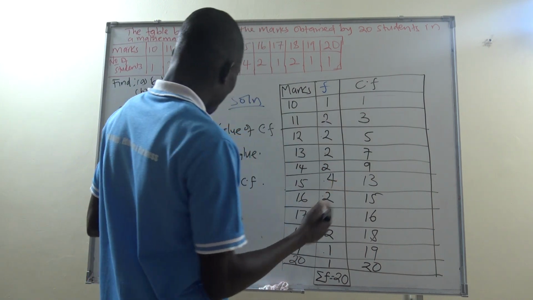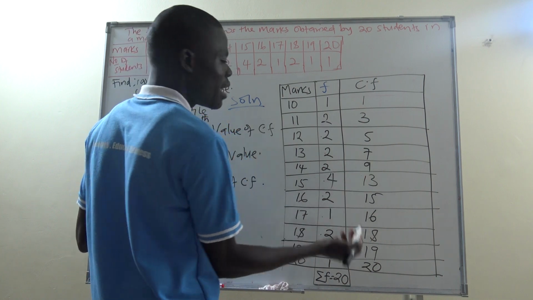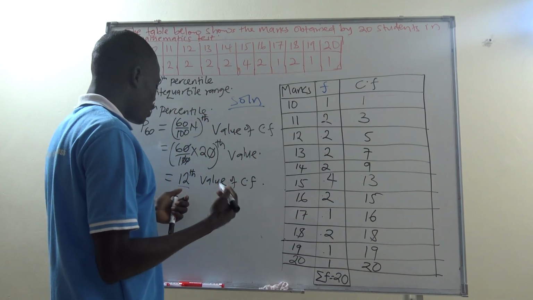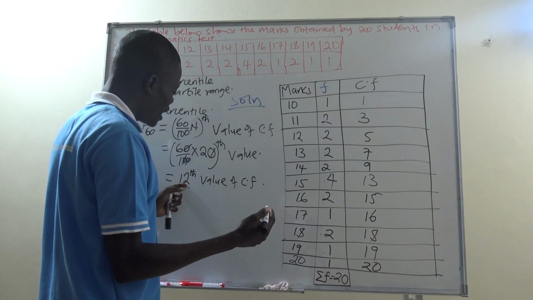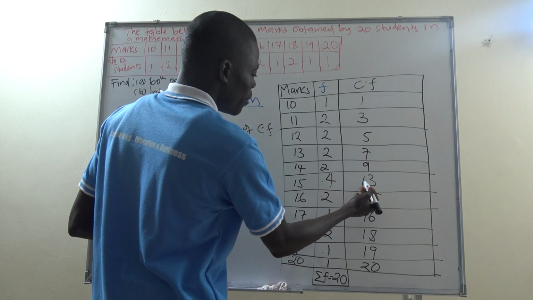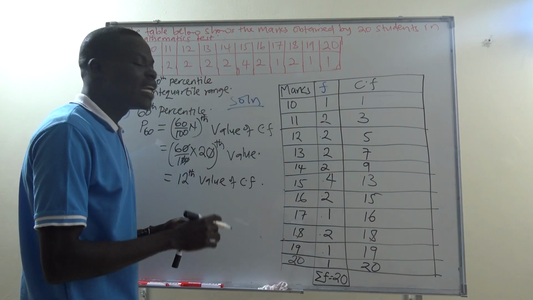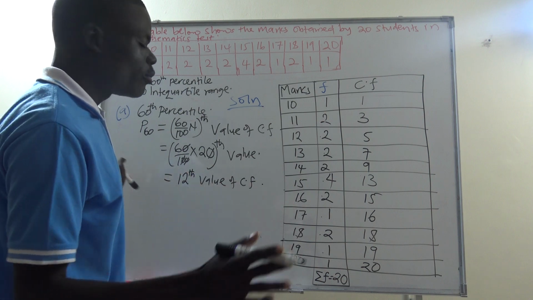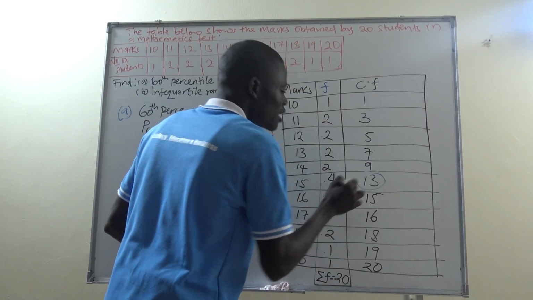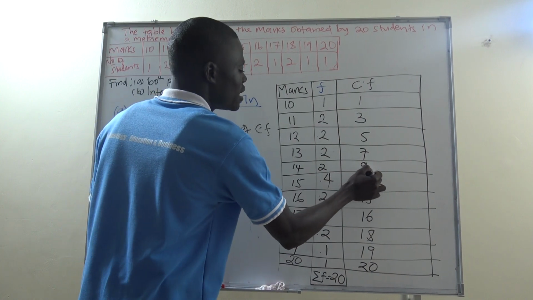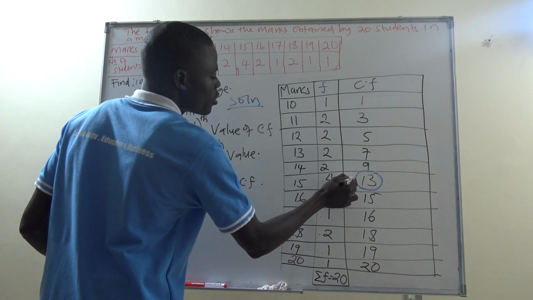So here, the value which is almost equal to 12 is 9, but 12 cannot go into 9, there is a remainder. And then, when you put 12 in 13, yes, 12 will go in 13 and can be accommodated without any remainder. So implying that our value of the 60th percentile is lying within this cumulative frequency of 13.